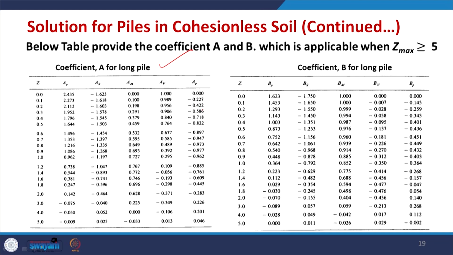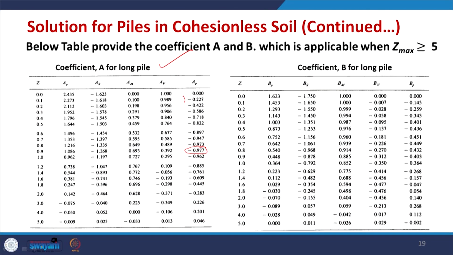The AP values increase with depth, and when Z equal to 0.9 you get 0.977, and then it decreases again. So, this would be expected to be the critical point from the soil reaction point of view, but this is not the case. It can be proved that for soil reaction this will not be critical, rather it will be critical at the top, that is Z equal to 0.1. So, the answer is this, 0.227.